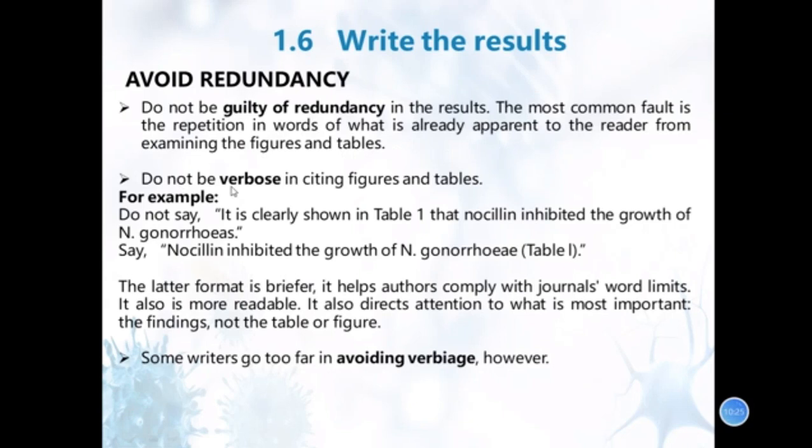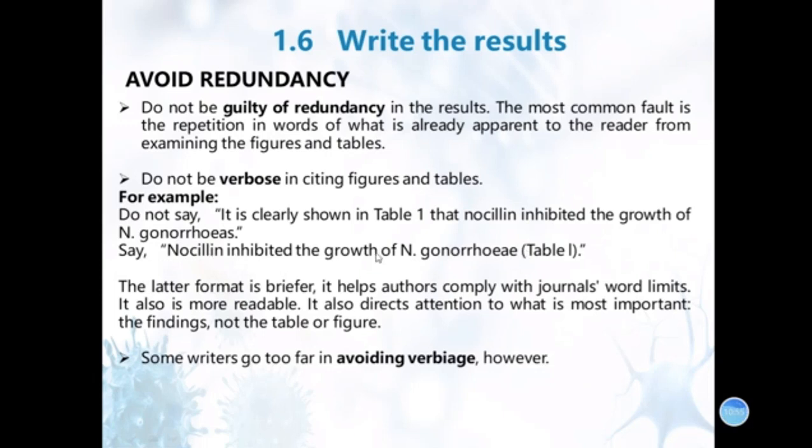Do not be verbose in citing figures and tables. For example, don't say "it clearly saw in table 1 that something inhibited the growth of the something." You can say "something inhibited the growth of something (table 1)."